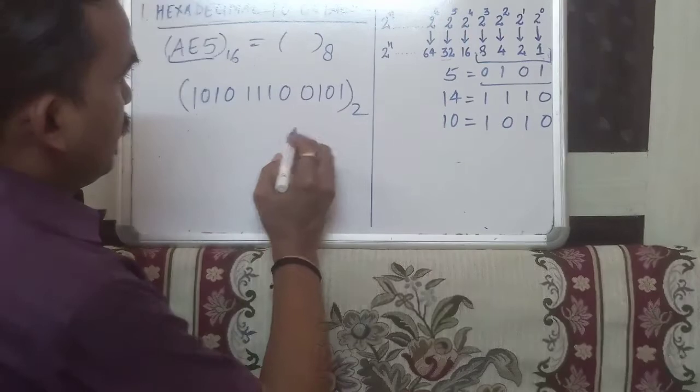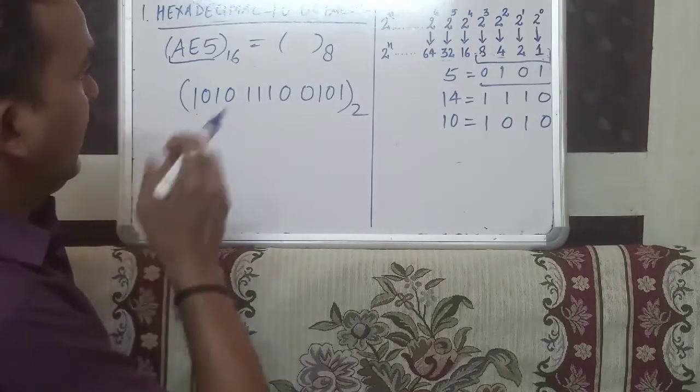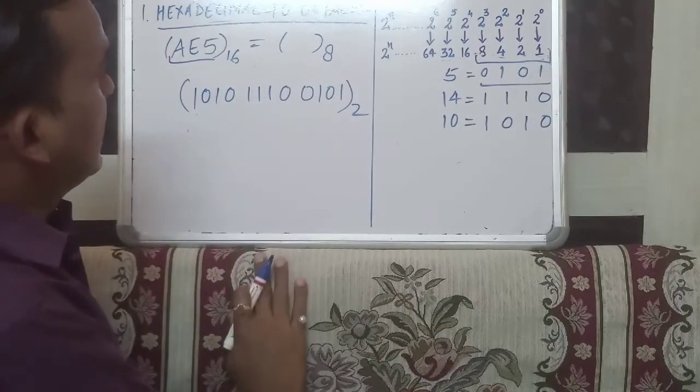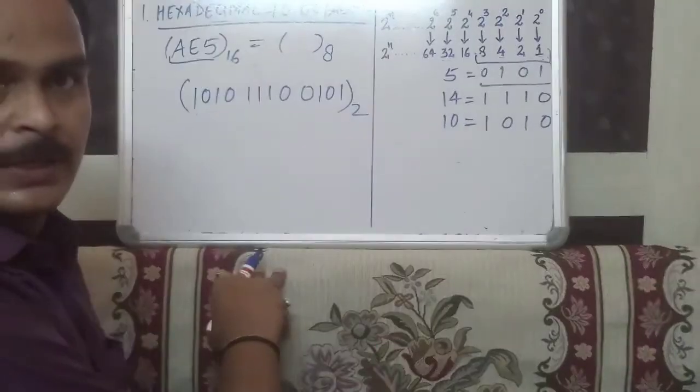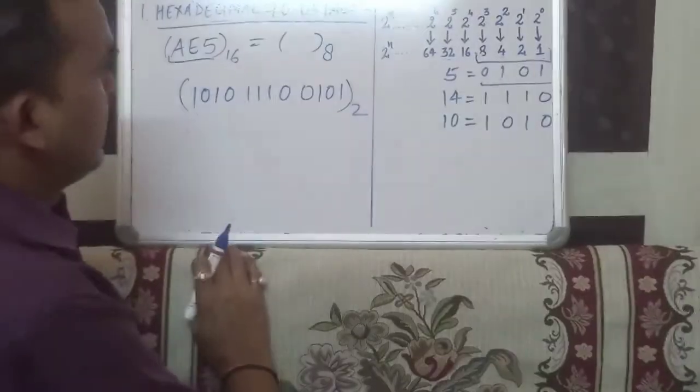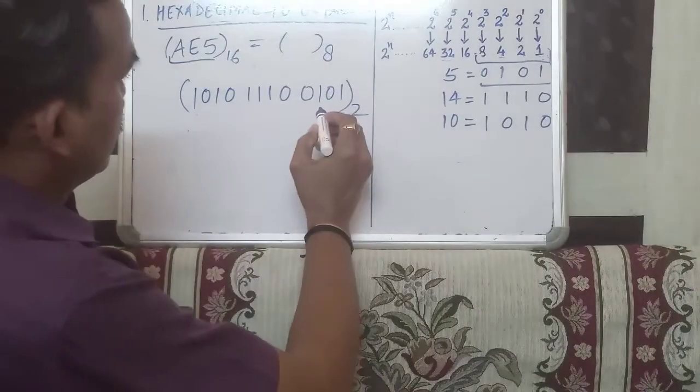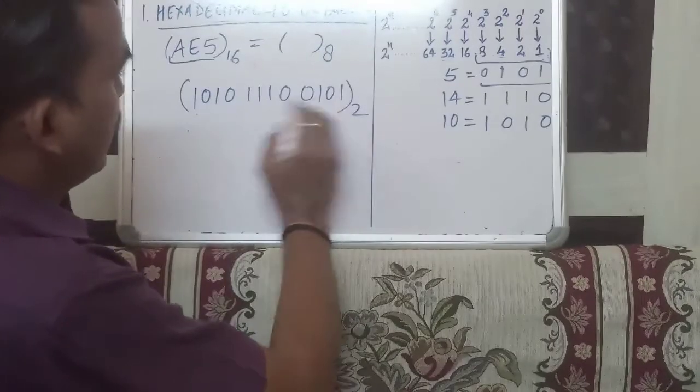So for that we will make a combination of 3 binary bits in the whole binary number. How? Like this. Suppose this is the binary number.